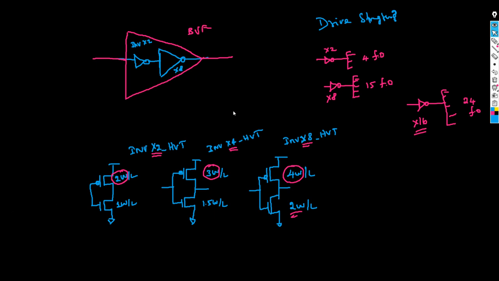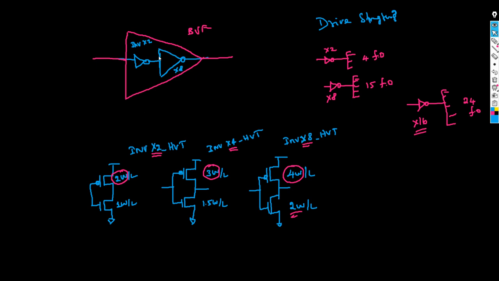Generally, we use a buffer in a long net, like a long path of the signal. So the signal might be weakened, so in order to amplify the signal, we use a buffer.